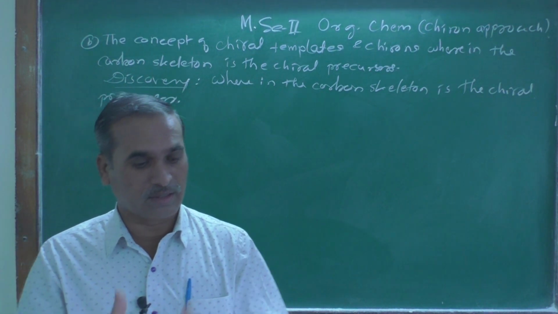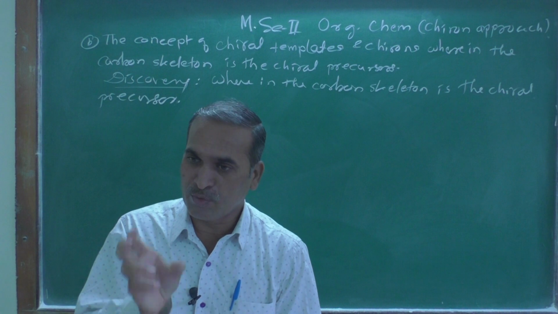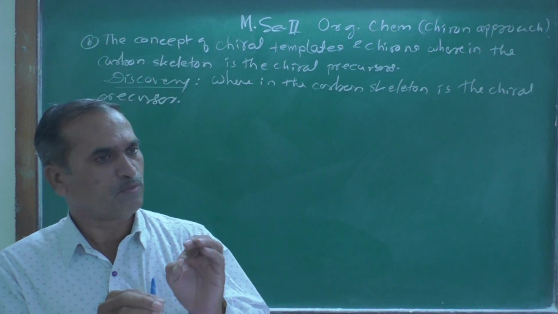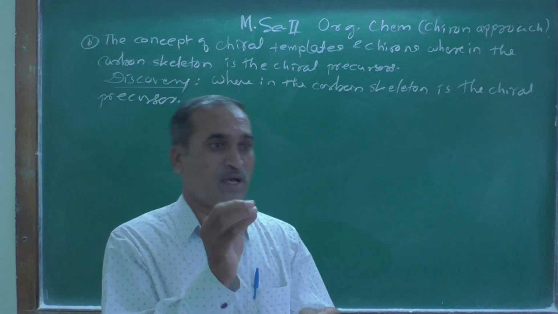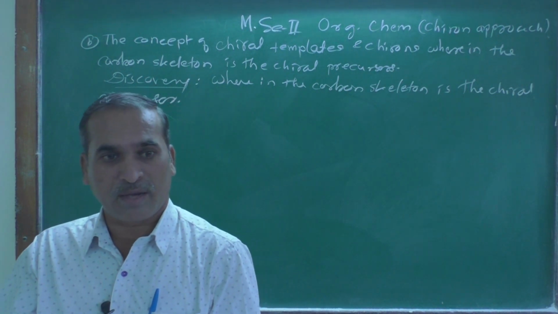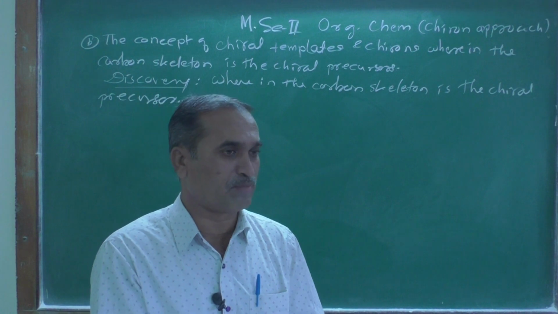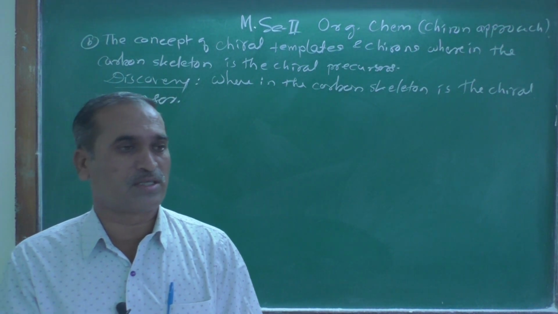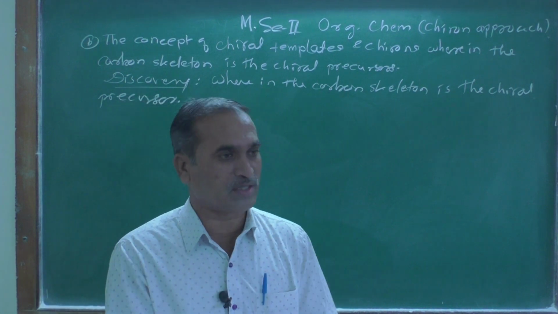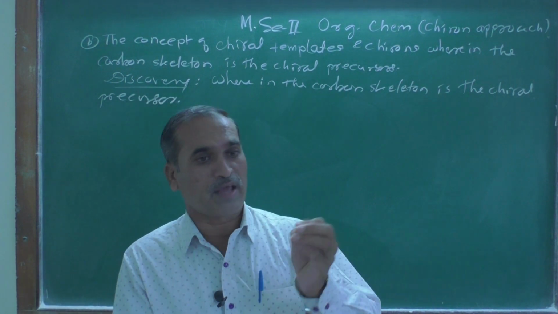We know that there are 4 basic natural compound classes present in organic compounds: generally carbohydrates, alpha amino acids, or we can call them amino acids, hydroxy acids, and the terpenes.